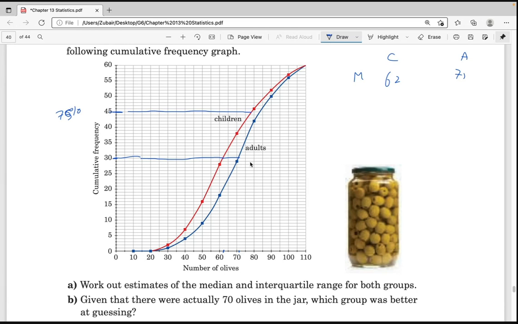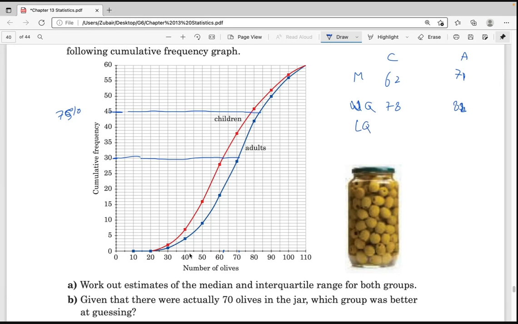The children at 45 are a bit below 78, so upper quartile 78. The upper quartile for adults is 82.